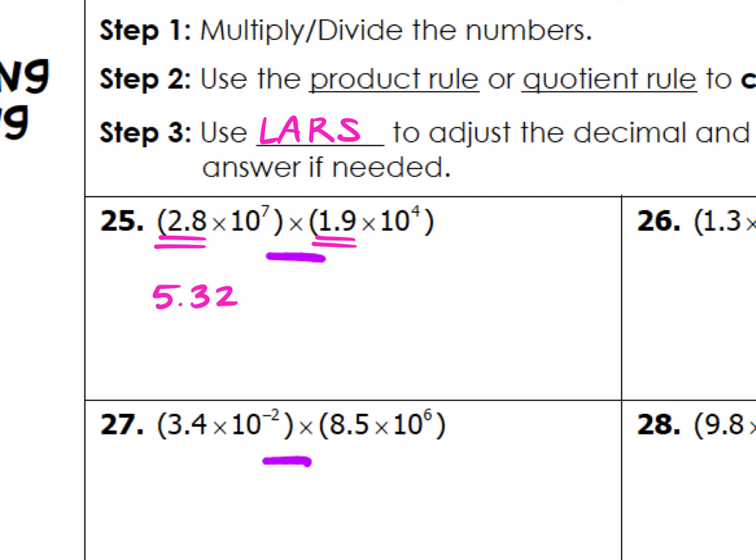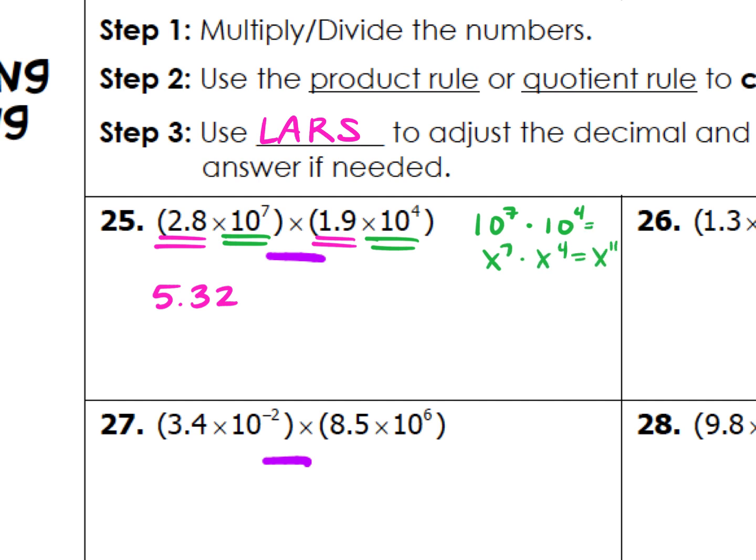Okay? Now think about this part. You have 10 to the 7th and 10 to the 4th. If you think of it like this, 10 to the 7th times 10 to the 4th, we've done a lot of this, but with a variable instead of a 10. What did we do with the 7 and 4? You add them, right? It's like saying x to the 7th times x to the 4th is x to the 11th.